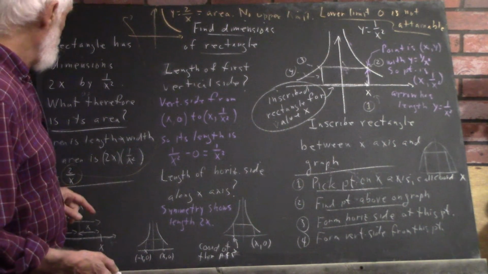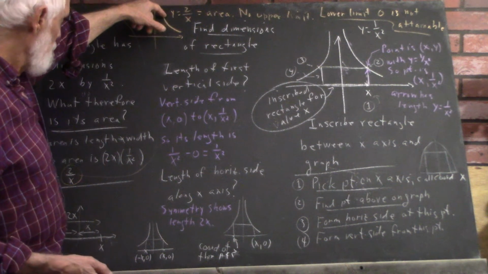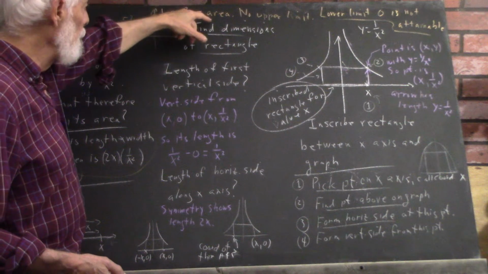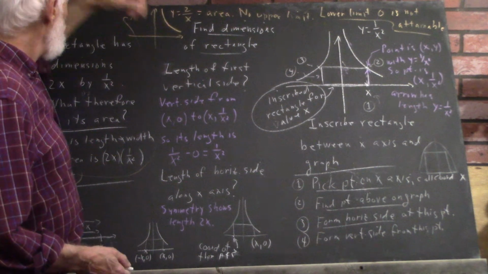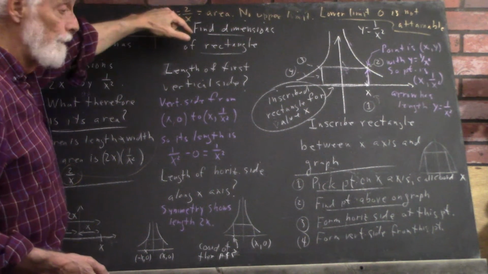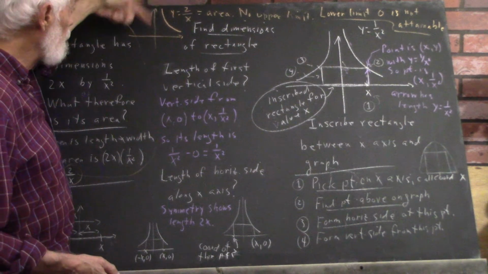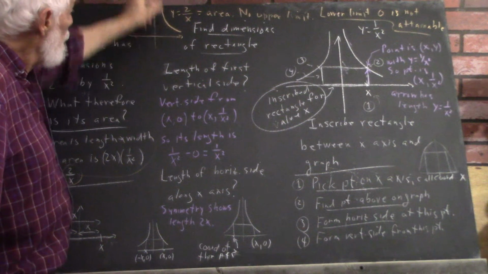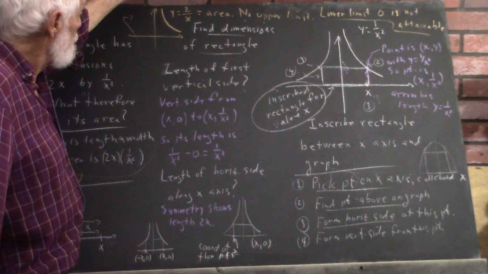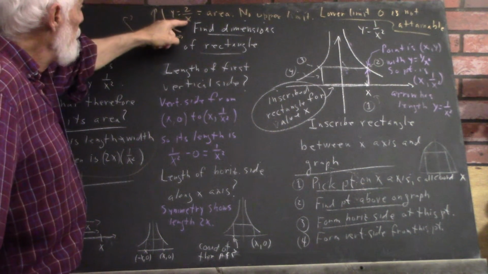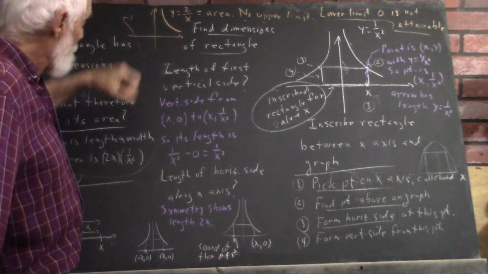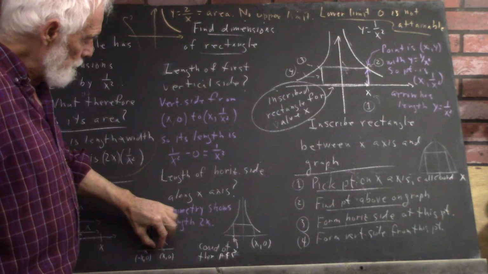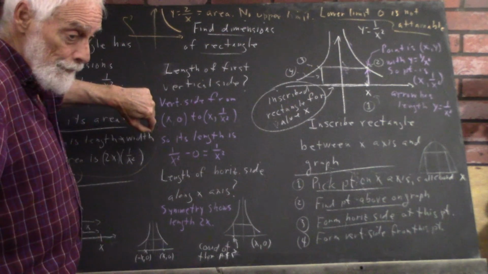Now, if we want to graph that function y equals 2 over x, which equals the area, well, here are the possible areas, the possible y-coordinates. We can see that there's no limit to how big the y-coordinate gets. If you pick x small enough, that's going to make this rectangle real narrow, but it's going to make it real high.